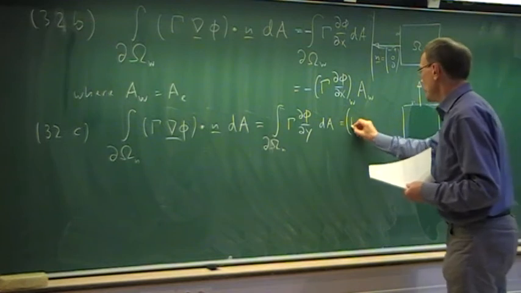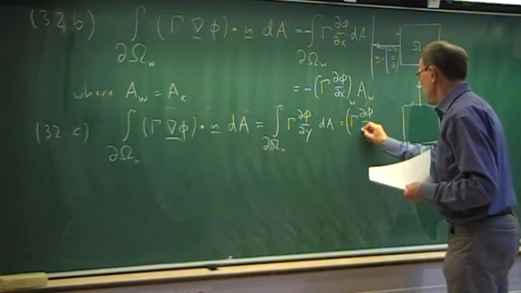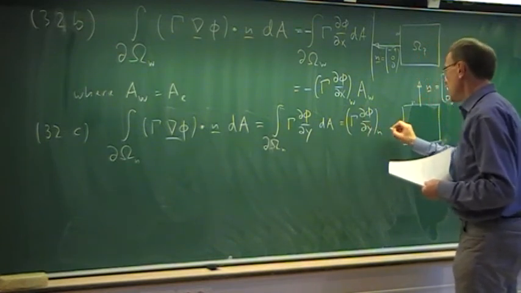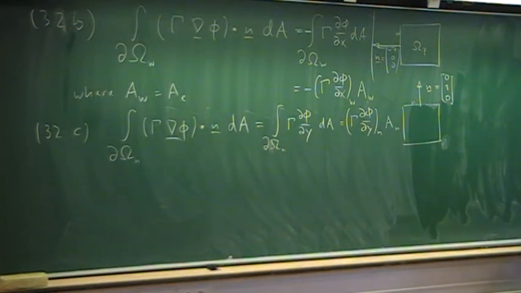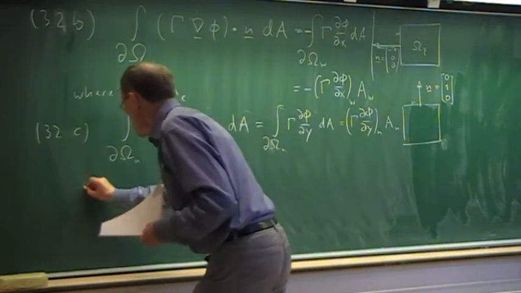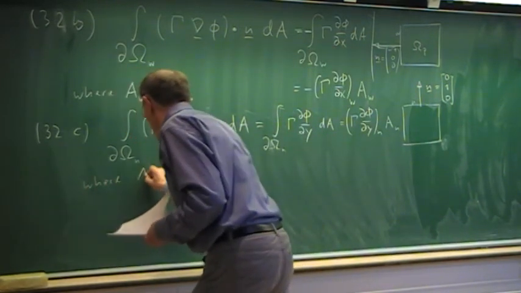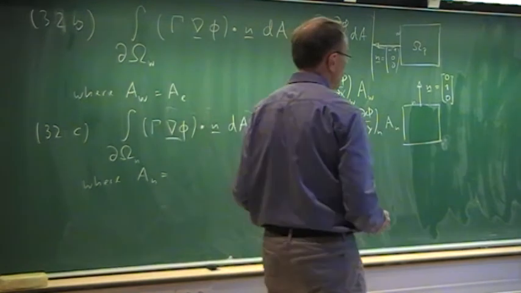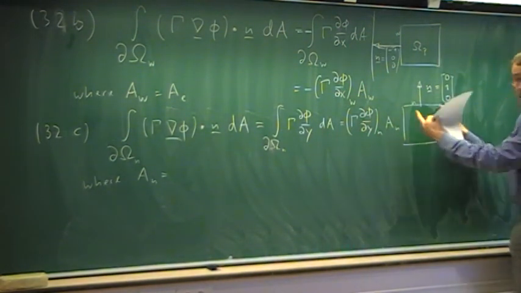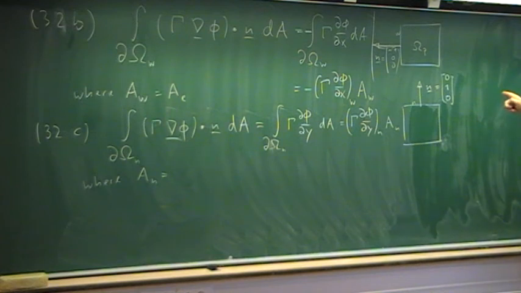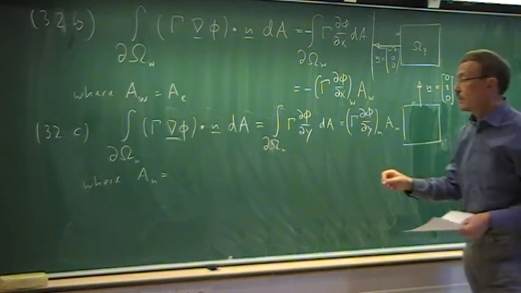In that case, d phi dy at the northern face times the area at the northern face. And what is the area at the northern face? We said that this length is delta x, and in the z direction 1 meter, so it's delta x times 1 meter.